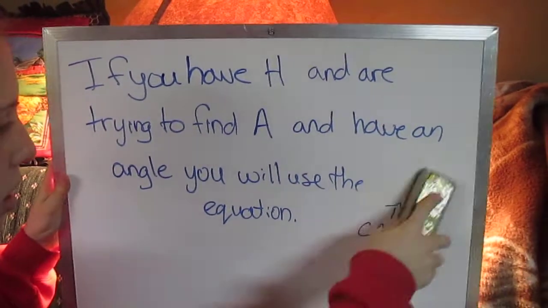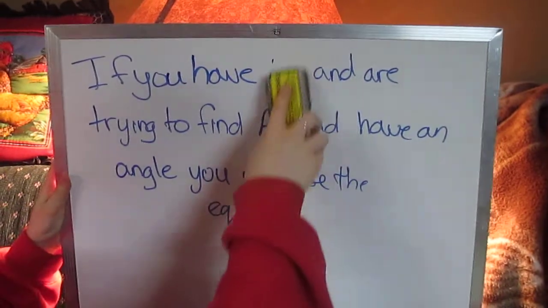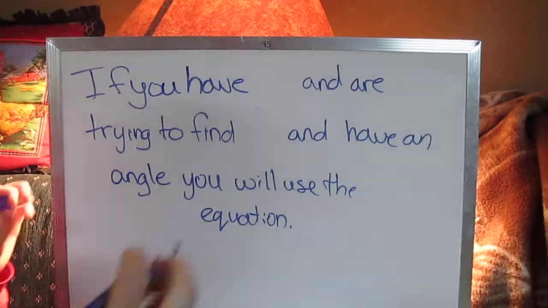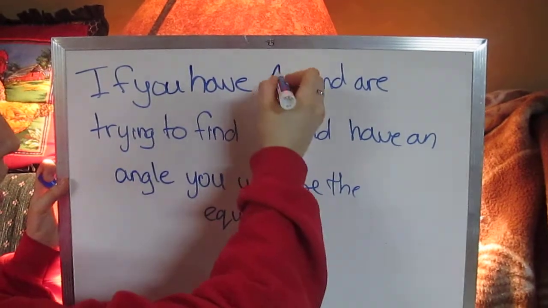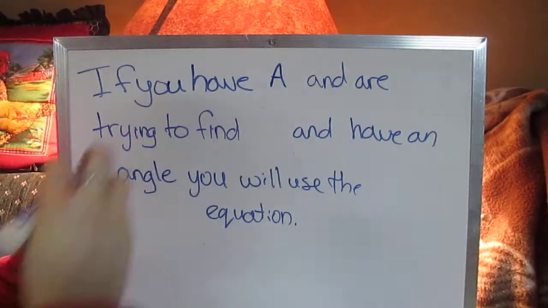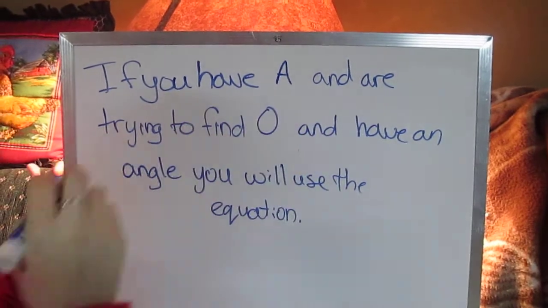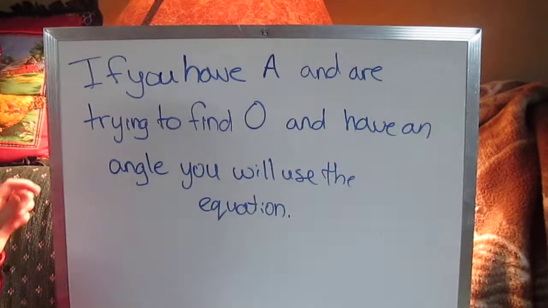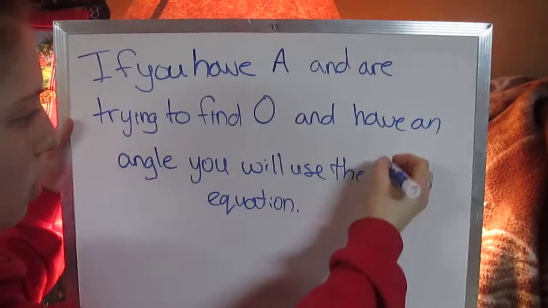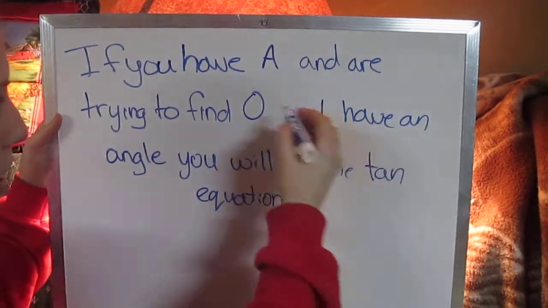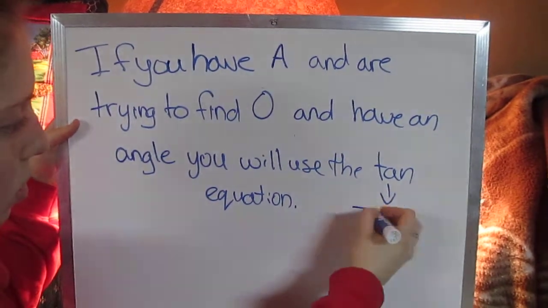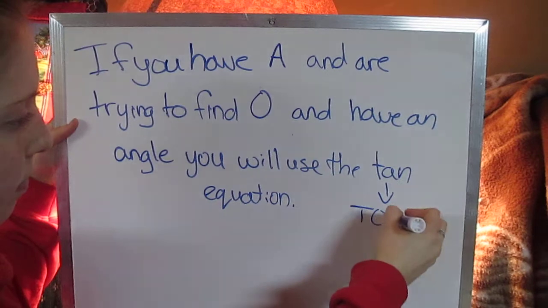Finally, if you have A adjacent and are trying to find O and have one angle, you will use the tan equation. And these, again, will stand for TOA.